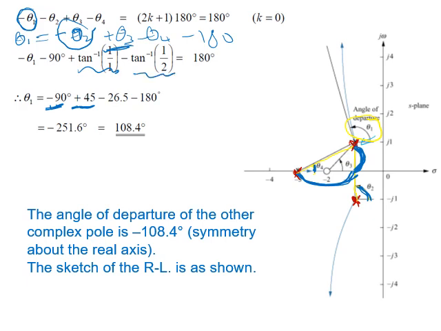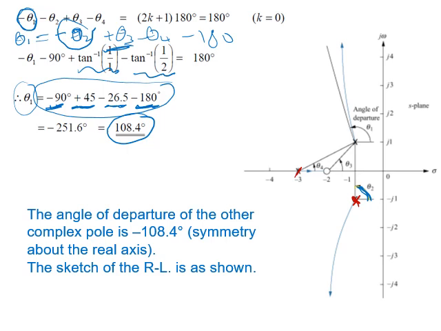It gives me the value of 26, and the sign is negative, all minus 180. So we will solve them all, and we are going to find that the angle theta 1 is equal to 108.4. That's theta 1, which means the angle of this pole toward infinity.